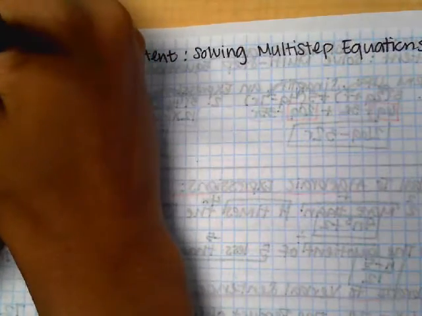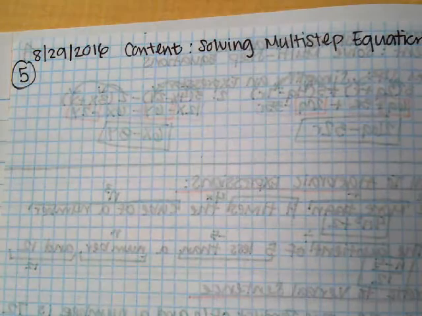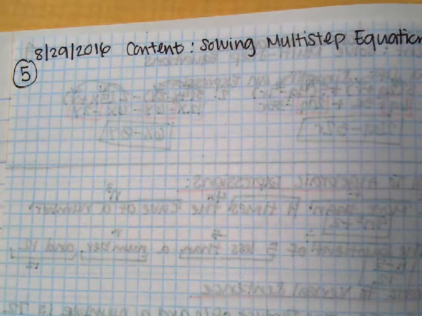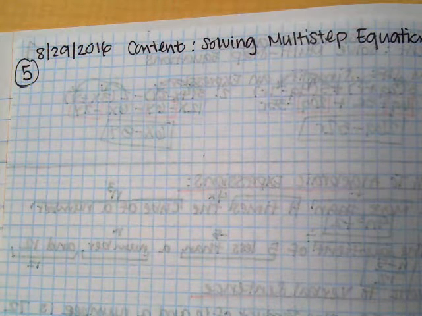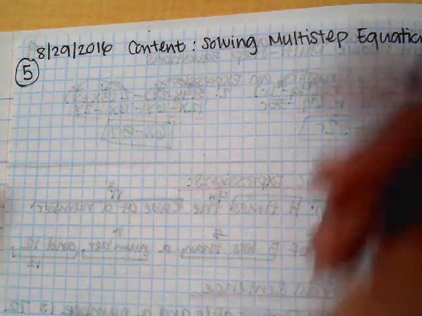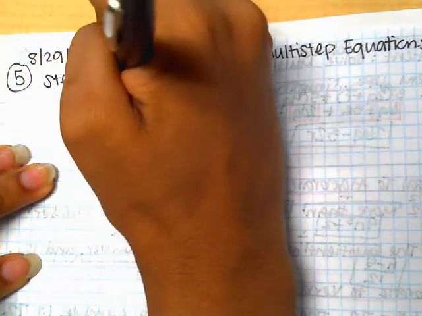So I'm going to give you guys some steps to solve multi-step equations, because that way, if you know the order you should be going in, you shouldn't have too much difficulty actually completing the action. So, steps for solving multi-step equations.